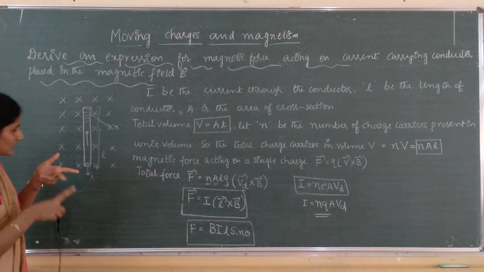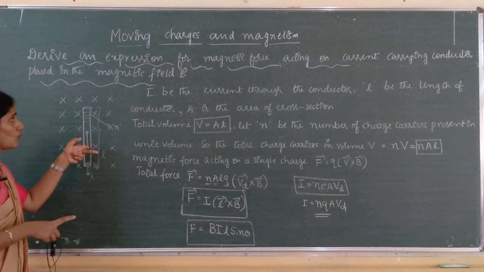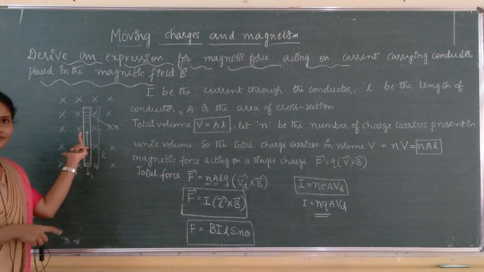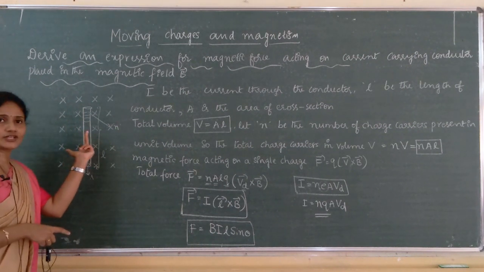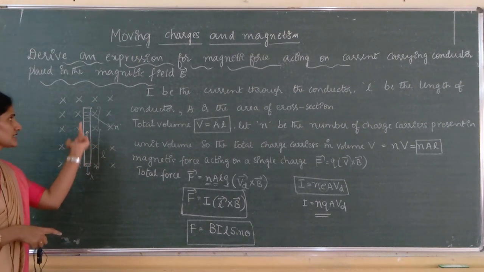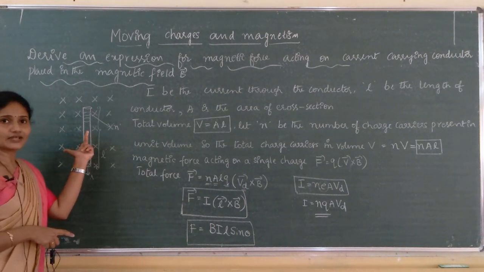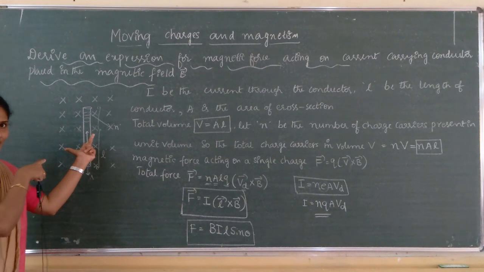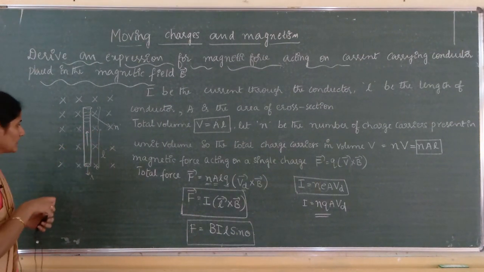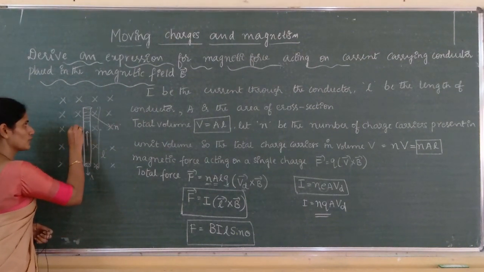B gives the direction of magnetic field and V gives the direction of velocity. Then what is the direction of force? Thumb gives the direction of force. So, the force acting on the conductor will be in this direction.